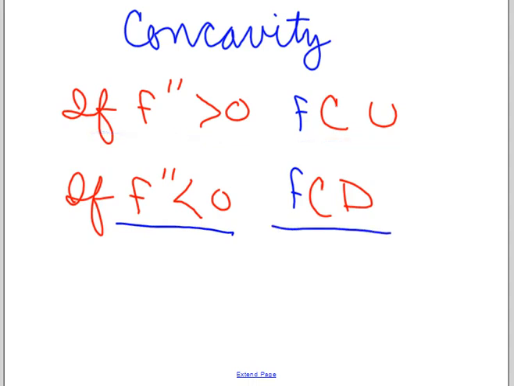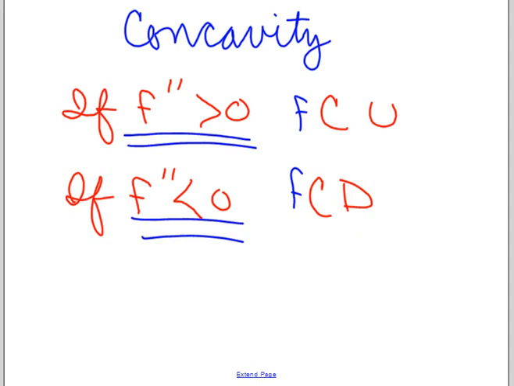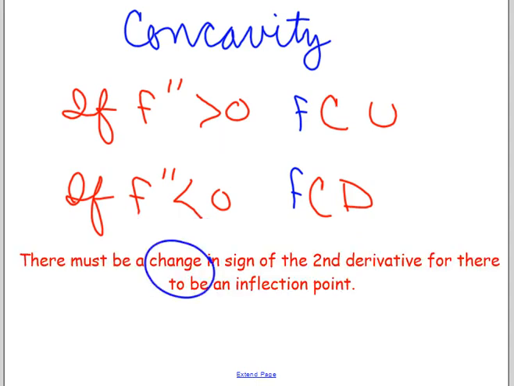So for there to be a point of inflection, what has to happen with the second derivative? There must be a change in sign. Use the word change.